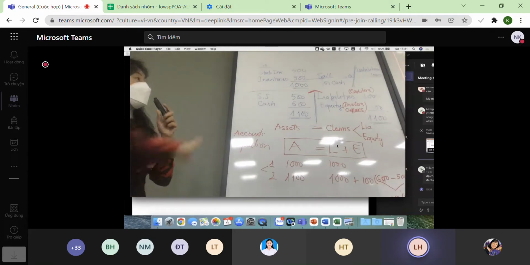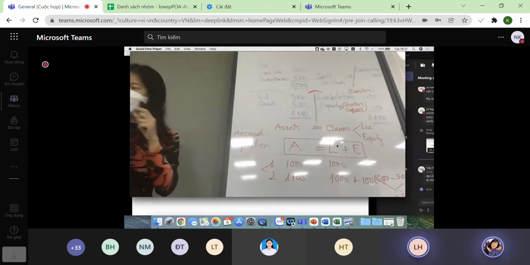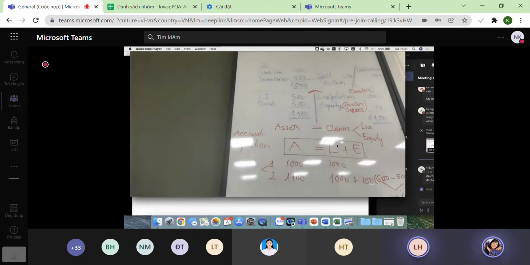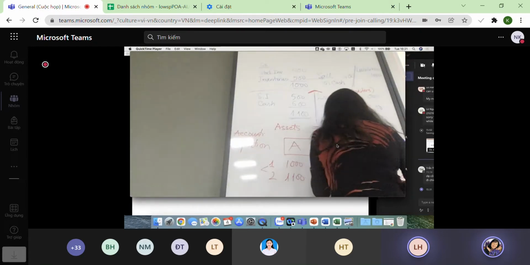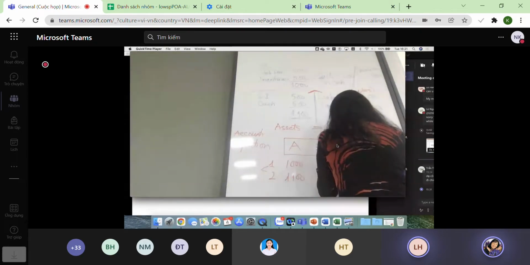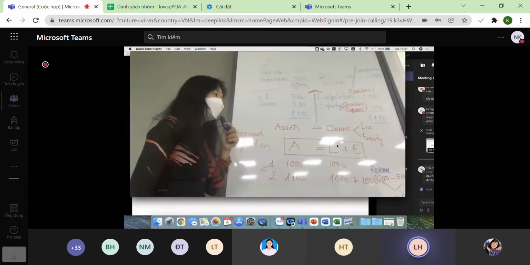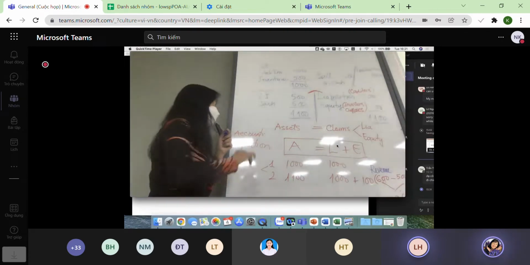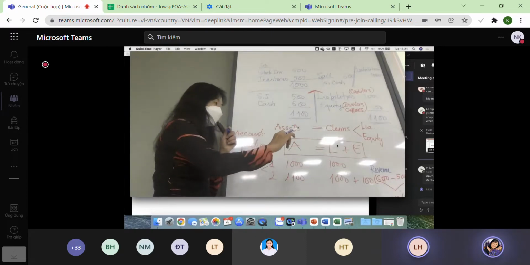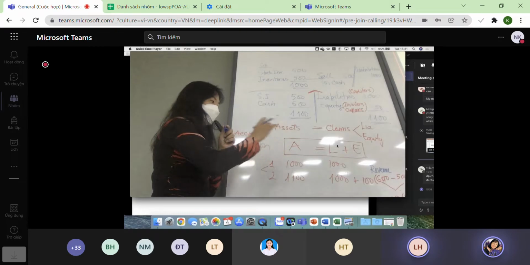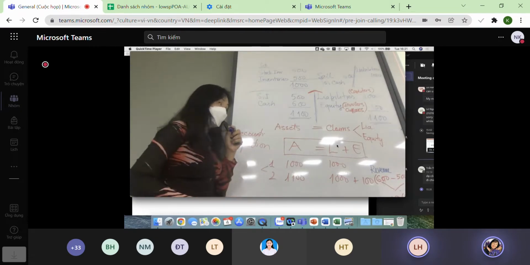When we sell something and we receive cash from the customer, we call it the revenue. Revenue. And when we buy the inventory, we have to pay $500.